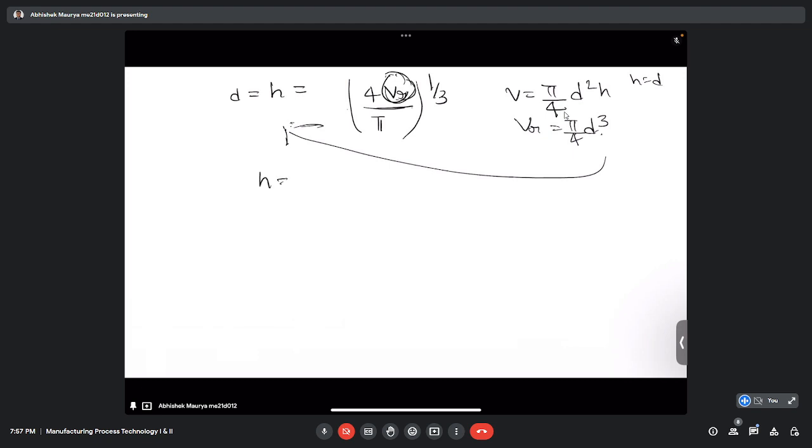So h will be equal to 4 into 1560 by pi, 3.14, raised to the power 1 by 3. To find out what that is, that is 7.920 centimeter.